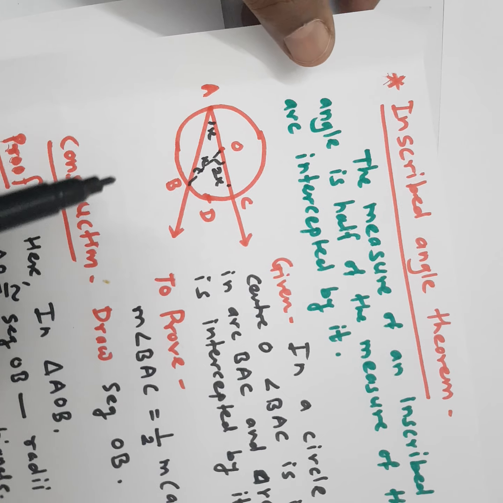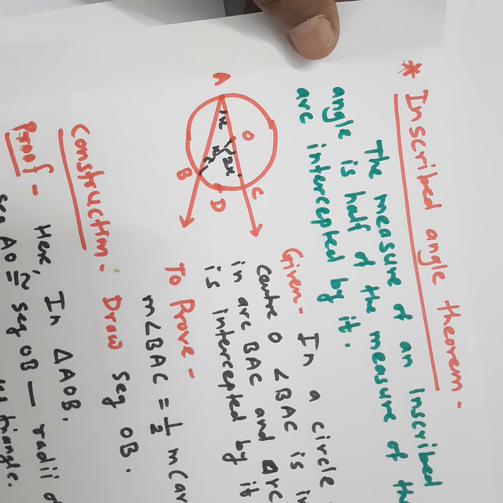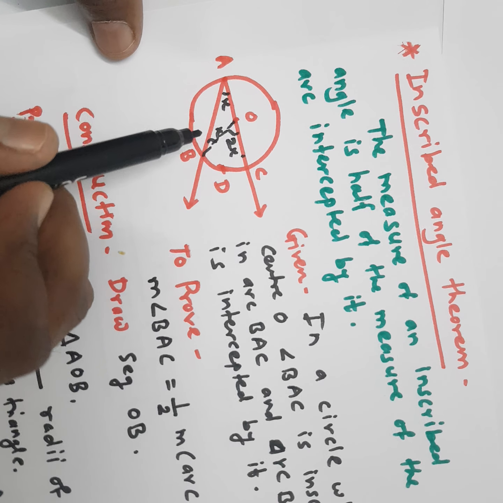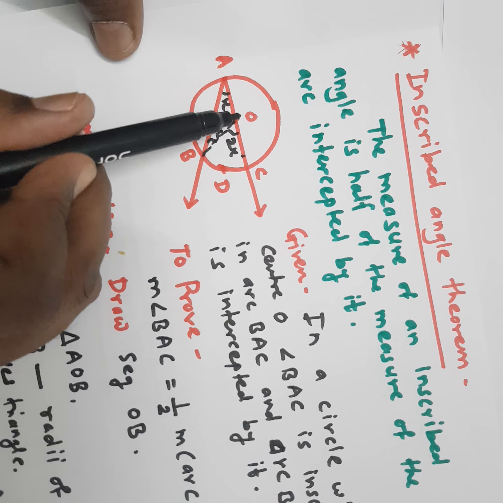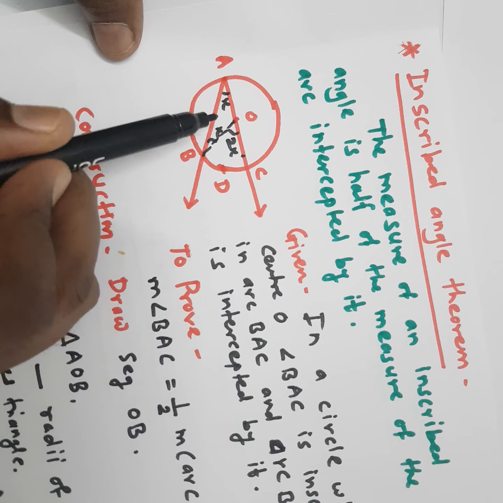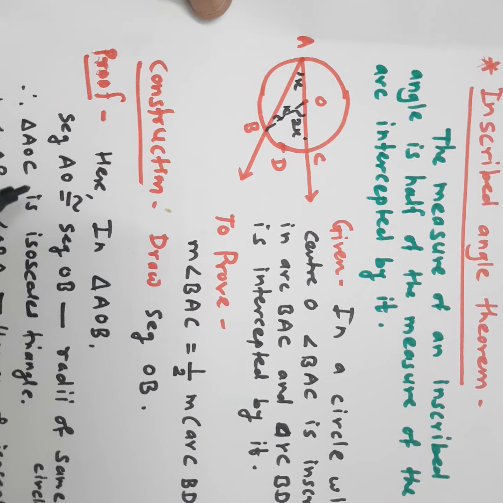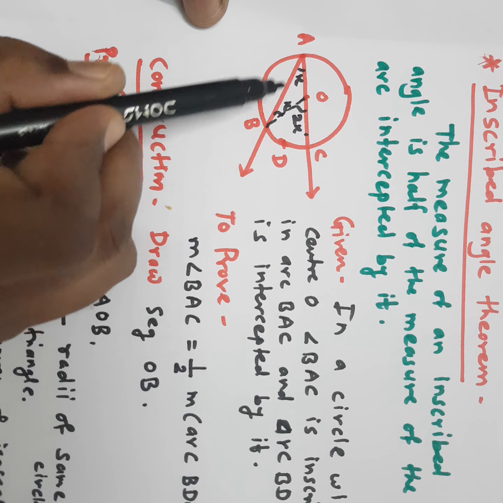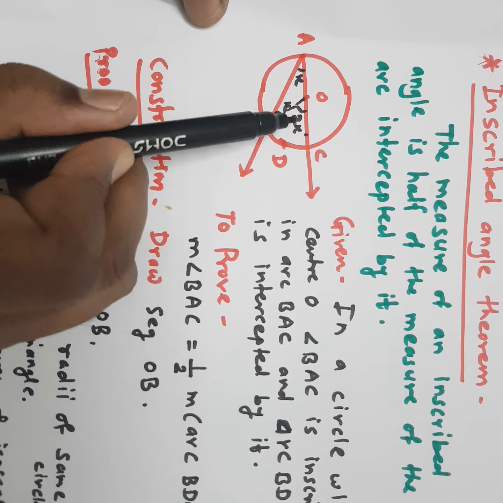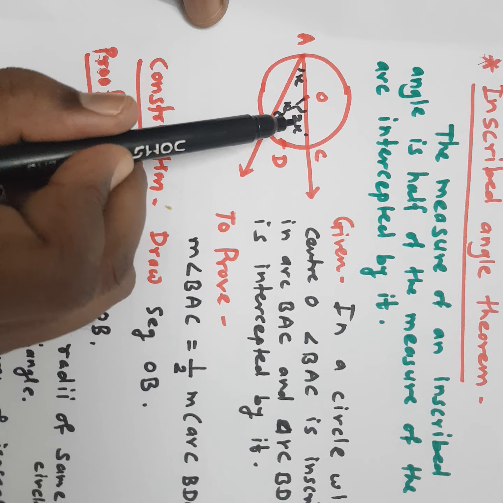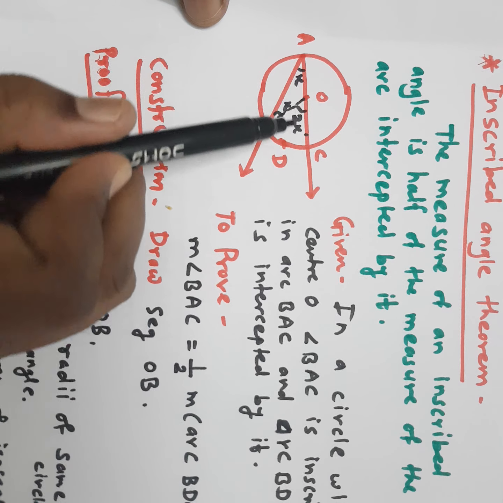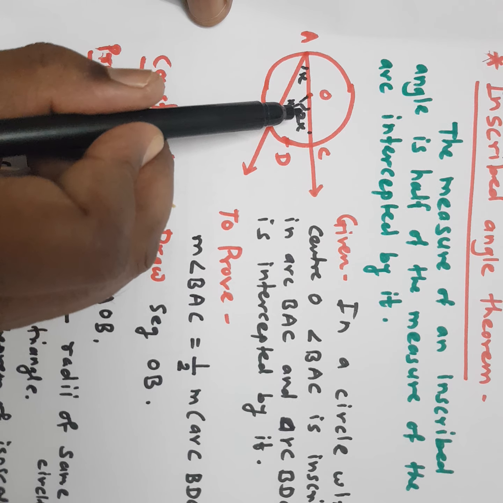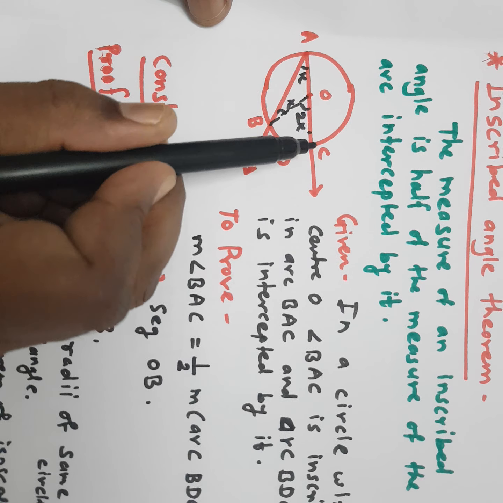Here, all the proof you can remember only from the figure. In the figure, after construction we got triangle AOB, which is an isosceles triangle, and in the isosceles triangle let the two base angles be x. Then angle BOC is an exterior angle, therefore its measure will be 2x degree, and this 2x degree is also the measure of arc BDC.